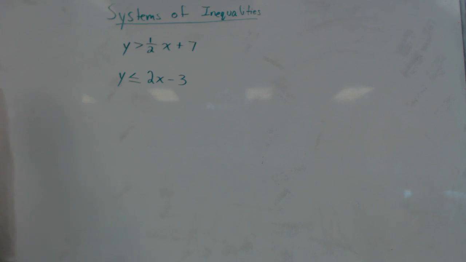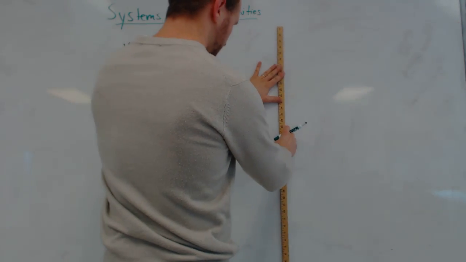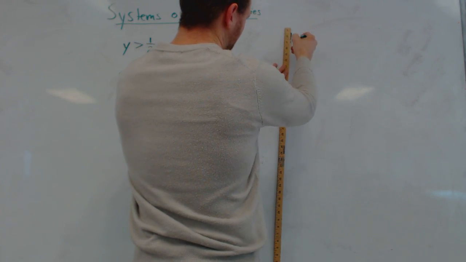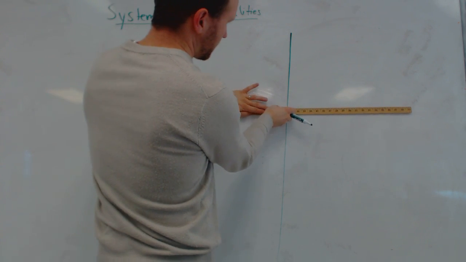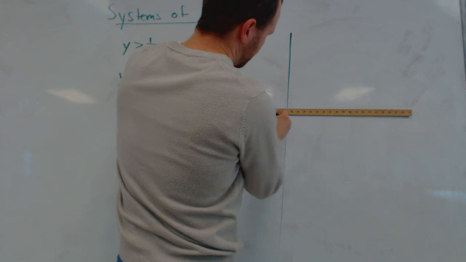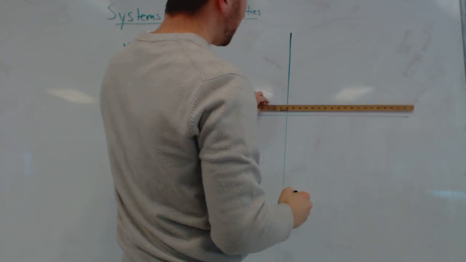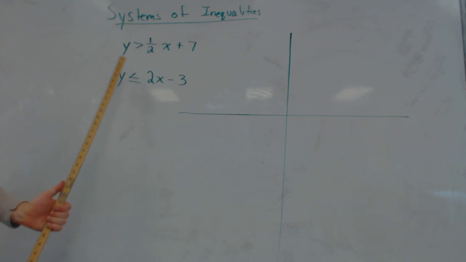Let me use a ruler. So, make our axes over here. What form are these in? Slope-intercept.